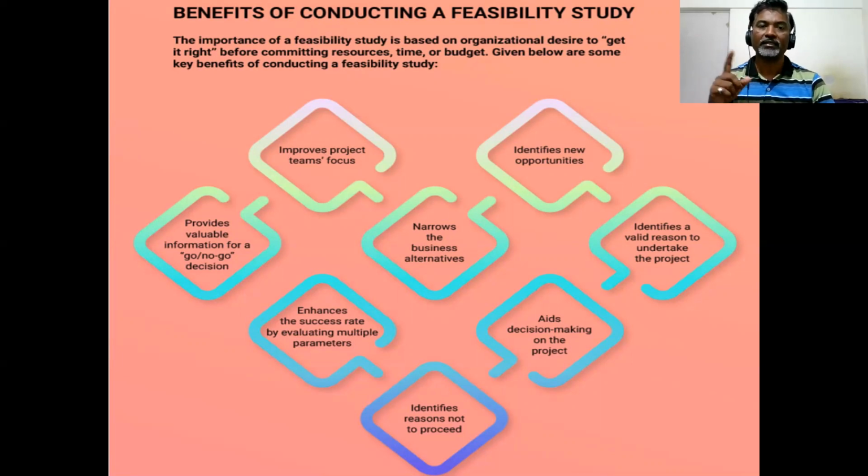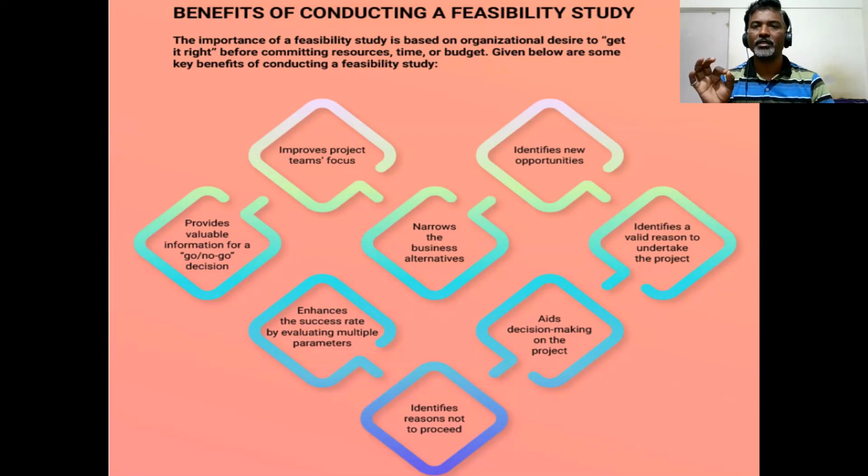It enhances the success rate by evaluating multiple parameters, because we are taking even minor constraints into account in the feasibility study. Those five, six, seven different types of feasibility study we are doing, and we are comparing them with your system. And if all feasibility studies favor your system, then we can say the system is a good system.